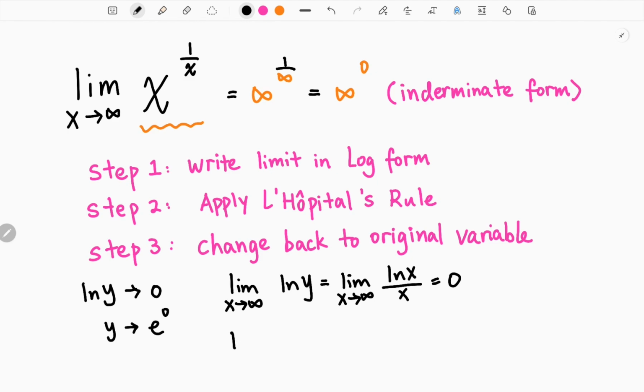Therefore, we have the limit of y as x approaches infinity is equal to our original function, which is the limit of x to the 1 over x. And that's going to be equal to e to the 0's power. And that gives us 1, which is the answer for this question.